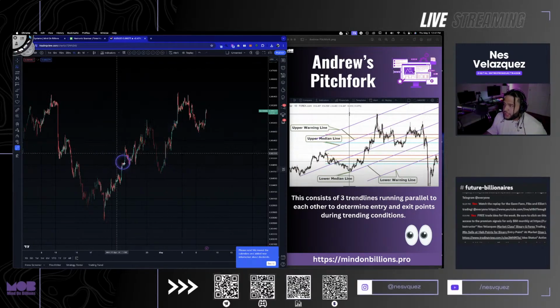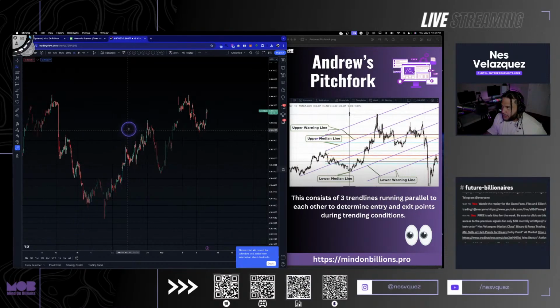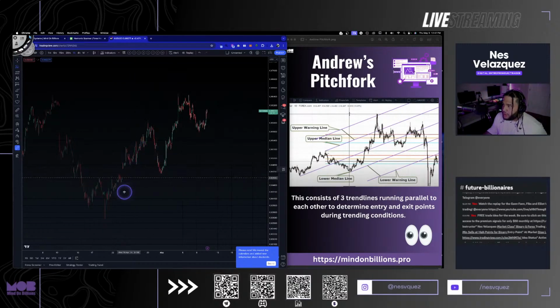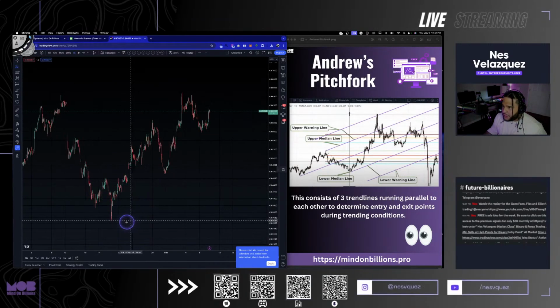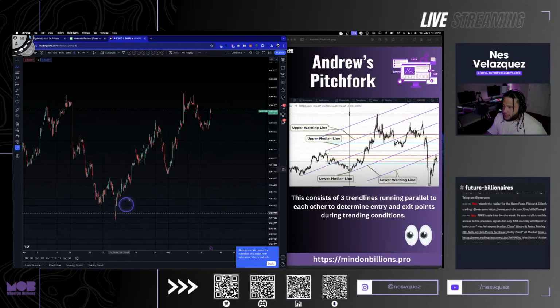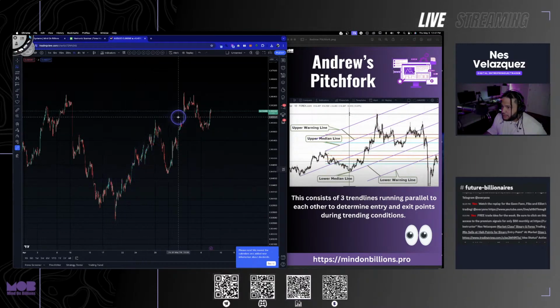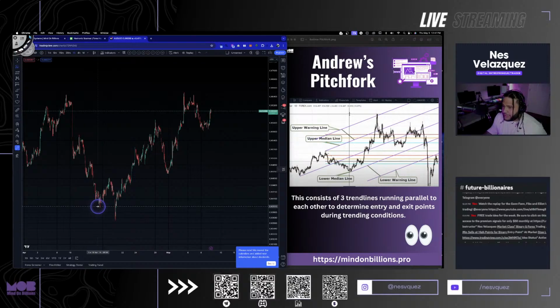So when we're looking at the pitchfork over here, what we're looking for is a median point, basically a high and a low, for the upper line and the median line, so on and so forth, right? And you can kind of see that there's some parallels over here. All right, here, this looks like a good 50% point right over here, literally.